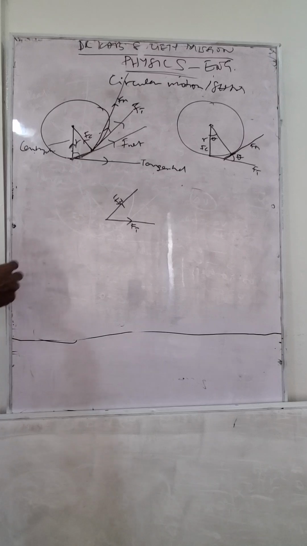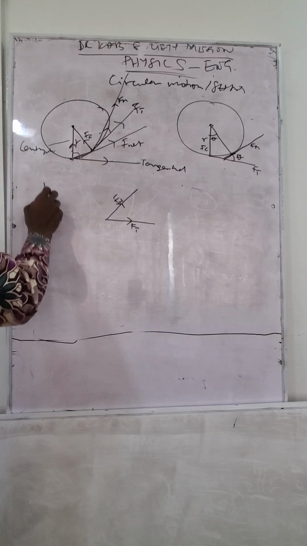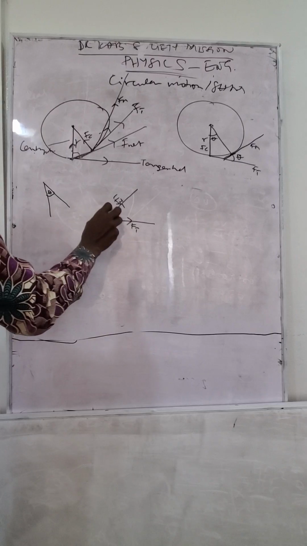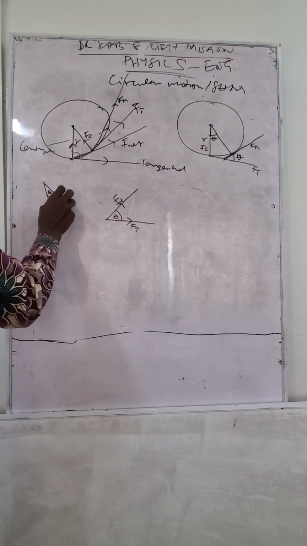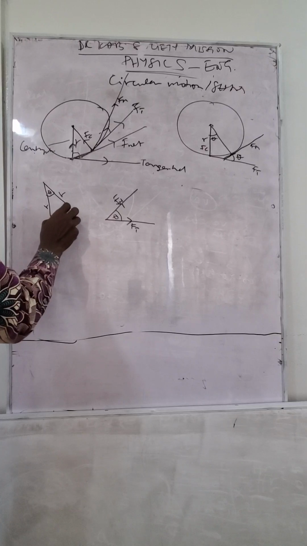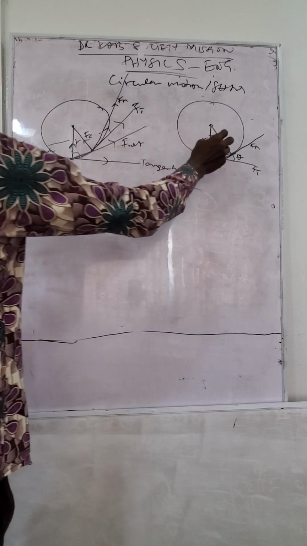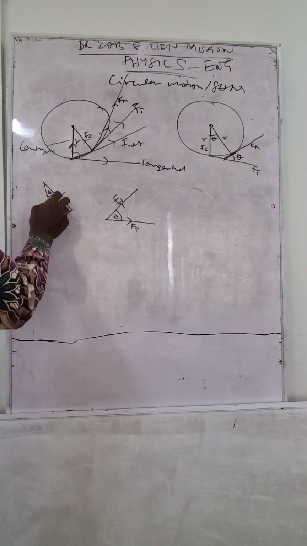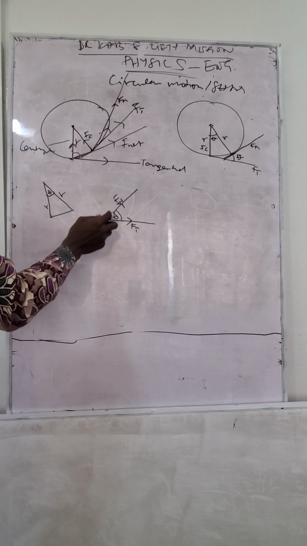Right. Now, if we look at the one in the triangle, this is theta. This angle is theta. This is radius. Thus, this is radius, and this is that. Because this is radius. Okay. So in that case, this radius and this FT.